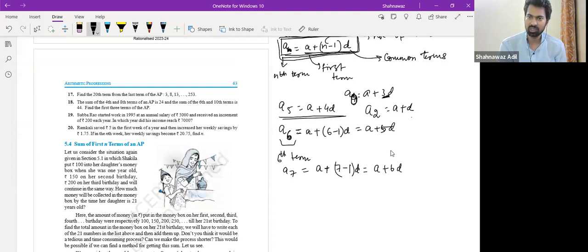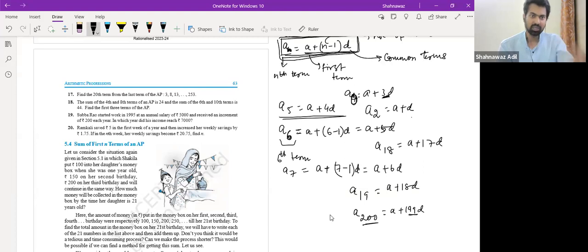If I am calculating a18, that would be a plus 17d. If I am calculating a19, that would be a plus 18d. Or if I am calculating a200, that would be a plus 199d. One less. Always one less. Understood, guys? So only this formula is needed for this exercise.